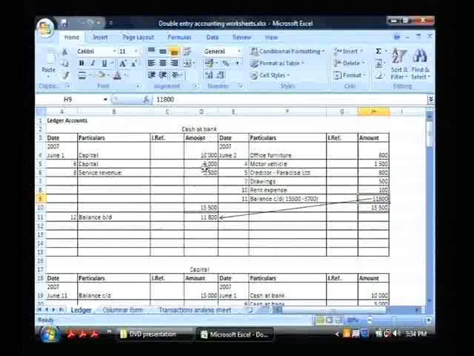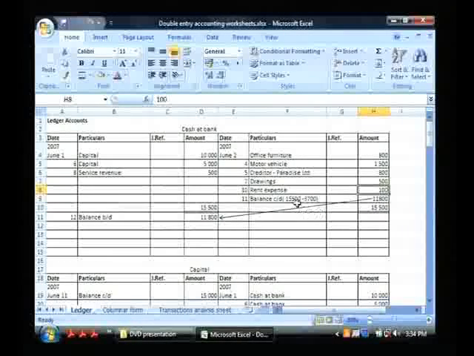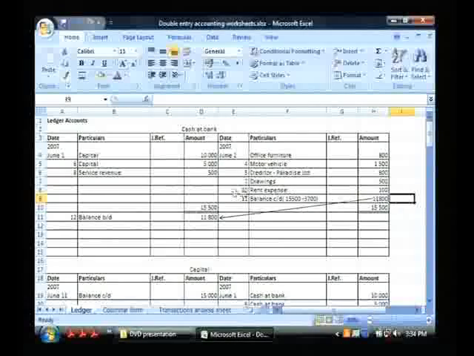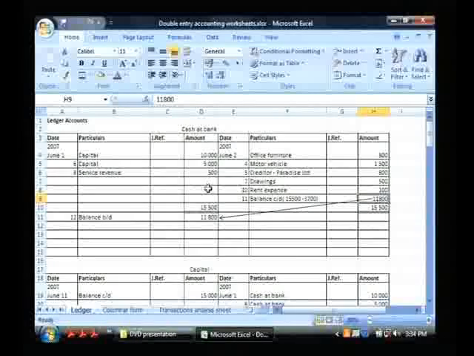For instance, in this cash at bank account, debit side total is 15,500 and credit side total is 3,700. So the balancing figure is 11,800. This 11,800 belongs to the debit side. So we borrowed this 11,800 to fill this gap. So therefore, this belongs to the debit side. On that basis, we call it a debit balance.